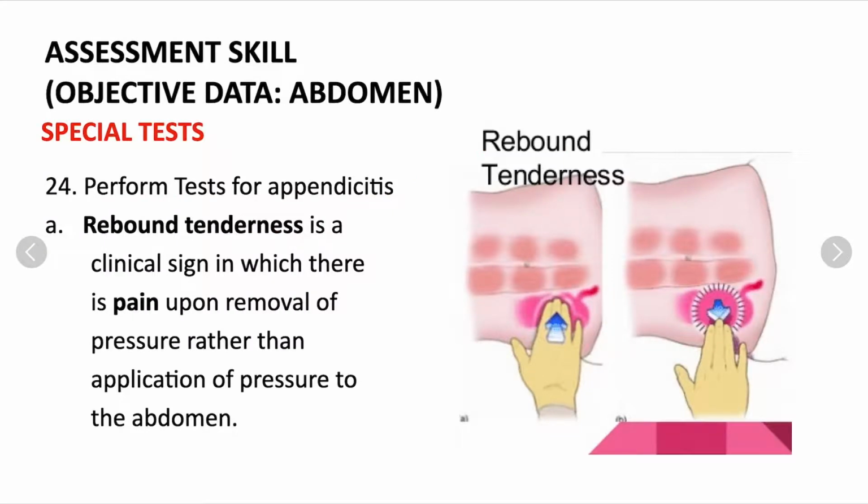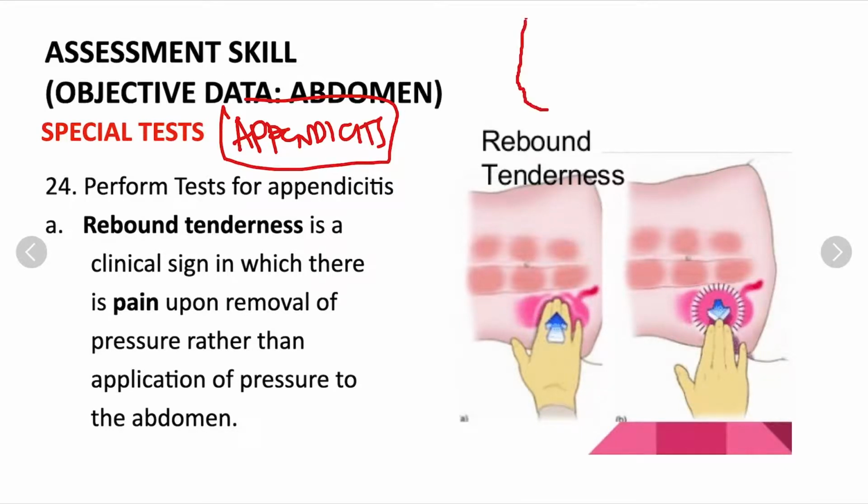We'll go on with the next one, which is a series of special tests for appendicitis. So a review again. What's your appendix? It's the small piece of tissue that is attached before the ascending colon.